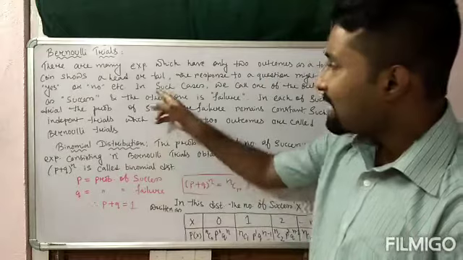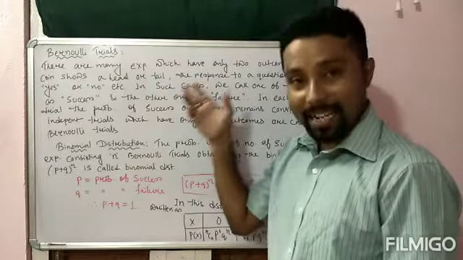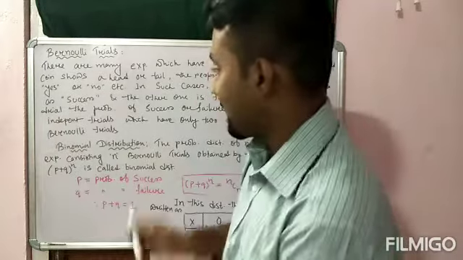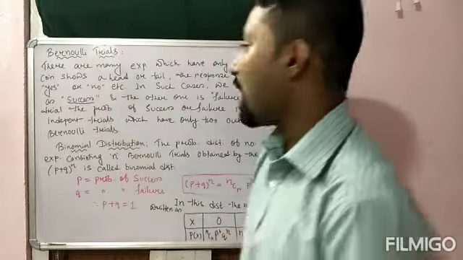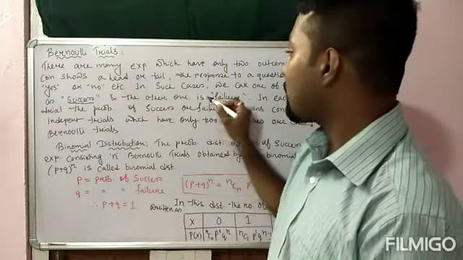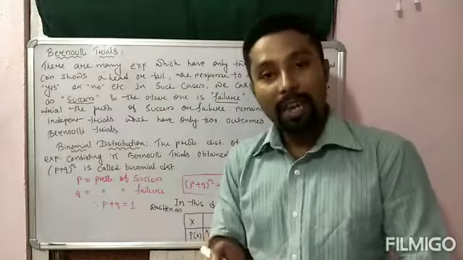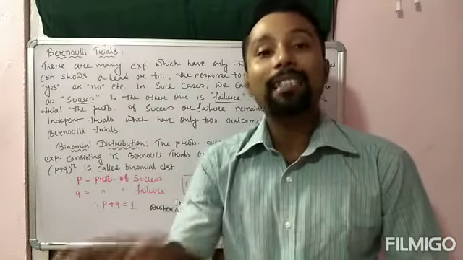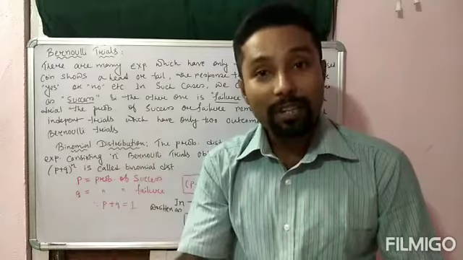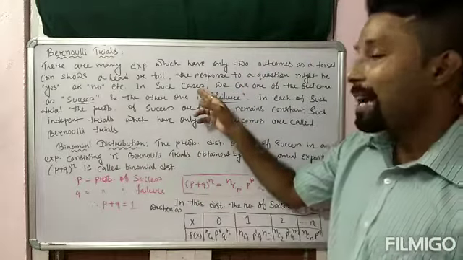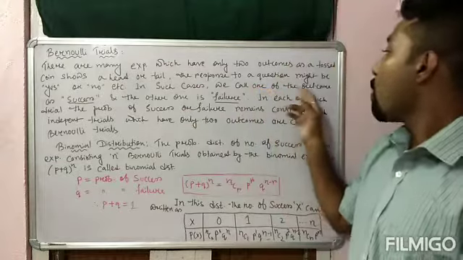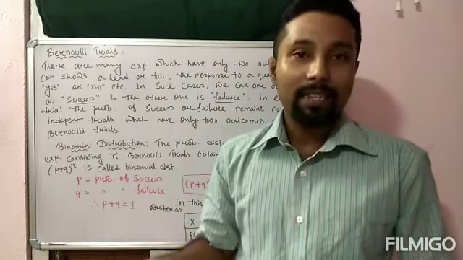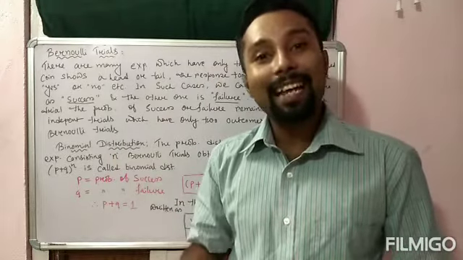In such cases or in such experiments, we call one of the outcomes a success and the other one a failure. Suppose a coin is tossed, we are expecting head will come but tail fell, so that means it is a failure. If head fell, that is success, you got what you expected. If you expected head but tail fell, that is failure.